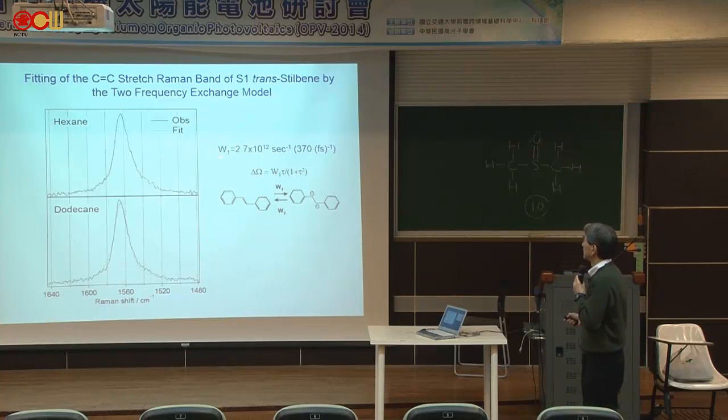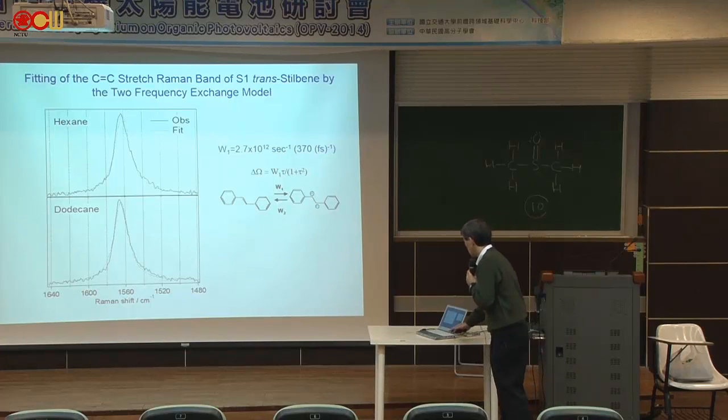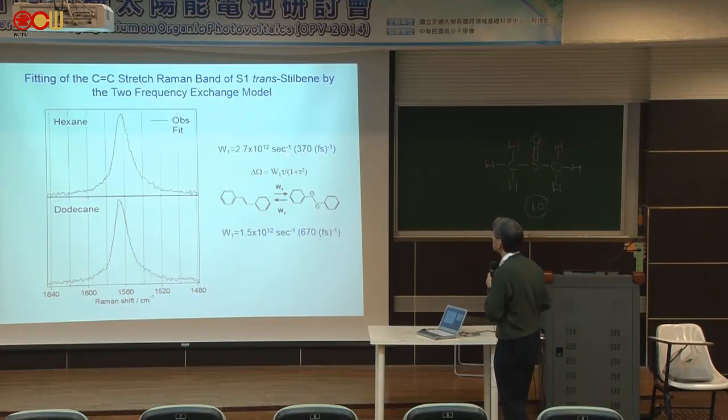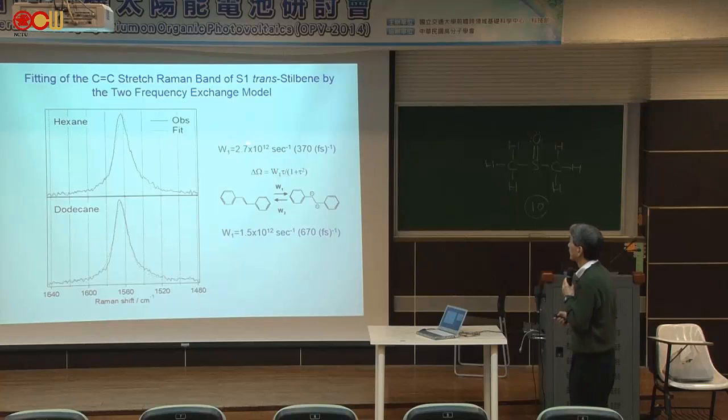By doing this fit, we are able to tell that W1 in hexane is 2.7 times 10 to the 12th second minus 1. That means in every 370 femtoseconds, it goes into single bond from double bond, but comes back very soon.